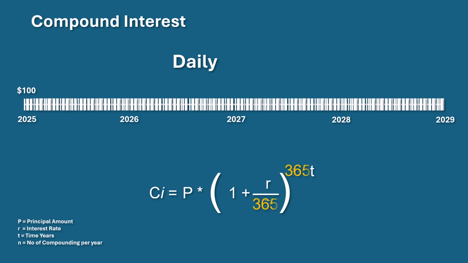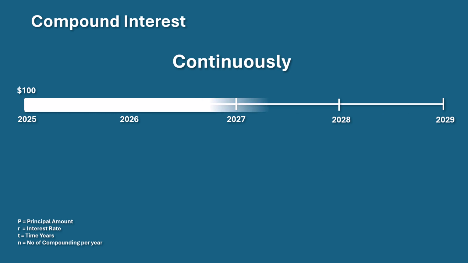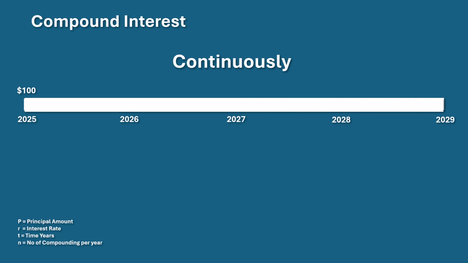So n equals 365. There is also continuous compounding, where interest is applied continuously. The formula for continuous compounding is continuous compound interest amount equals principal amount multiplied by Euler's number raised to the power of interest rate multiplied by time in years.